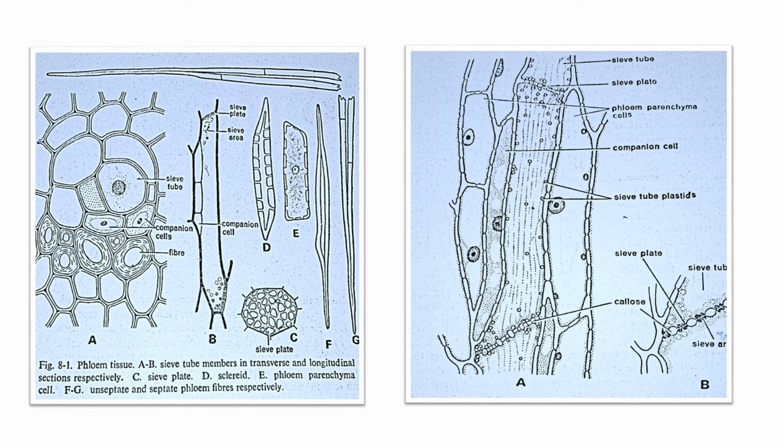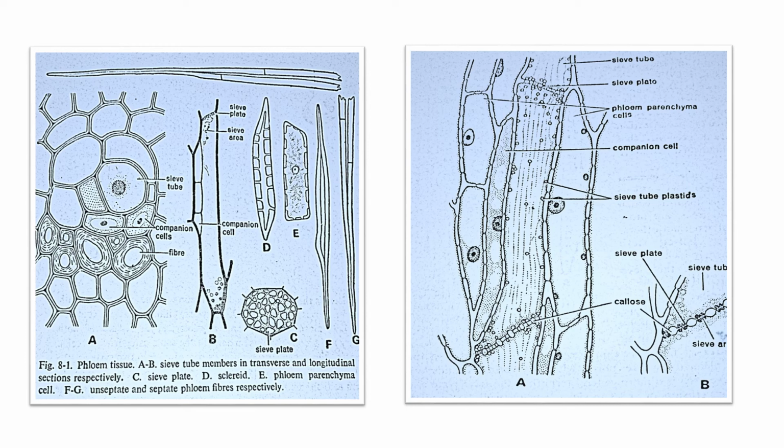And now these are two sets of diagrams. In the first set of diagrams, there are different types of cells which are present in the phloem tissue. Diagrams A and B show the transverse and longitudinal section of the sieve tube member, while diagram C shows the sieve plate which is present at the end walls of the sieve tube member.